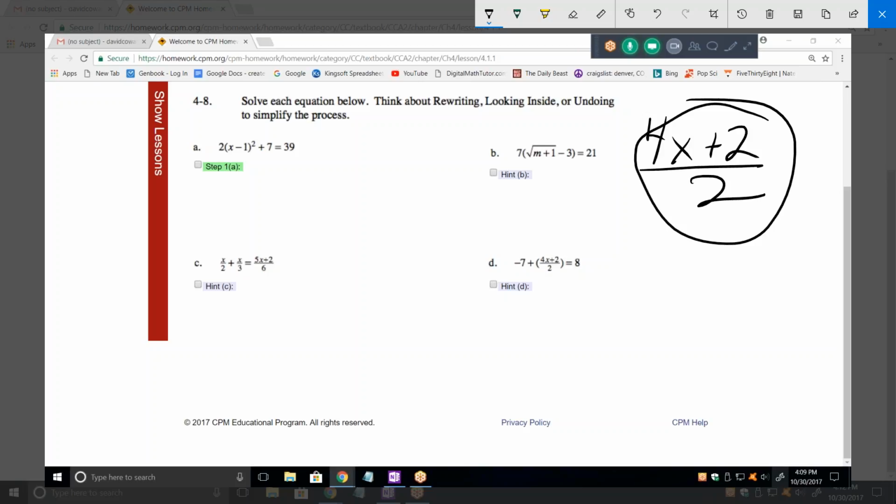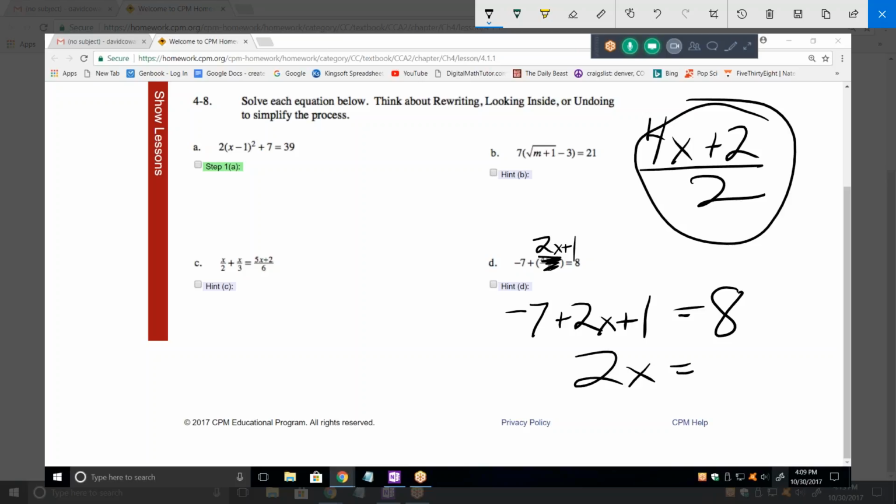In other words, divide top and bottom by 2. So I can just make that 2x plus 1. So now I have minus 7 plus 2x plus 1 equals 8. That actually makes the problem a little easier.